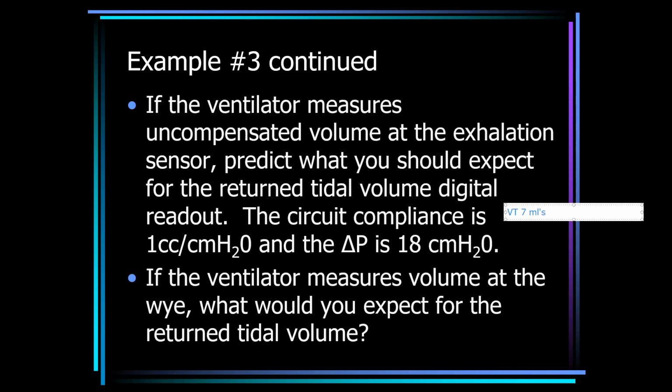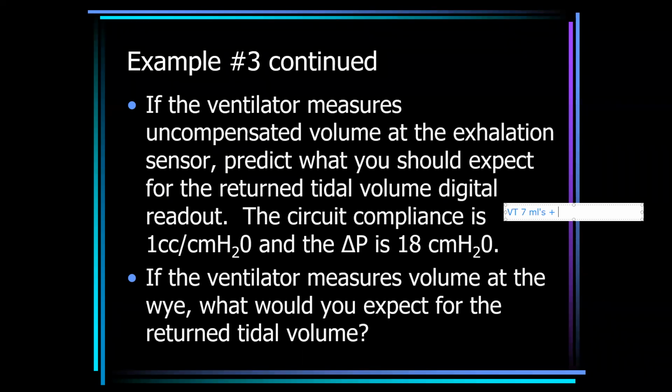And then we need to add what stayed in the circuit. What stays in the circuit? Delta P is 18 and the compliance is 1. What's 18 times 1?